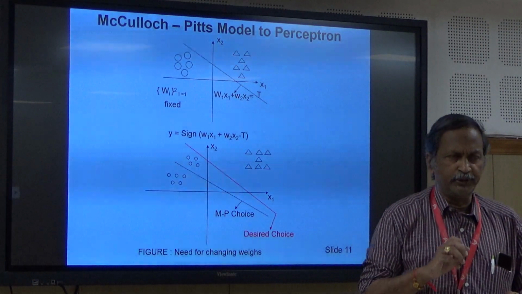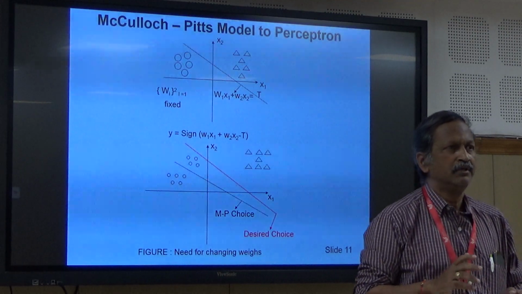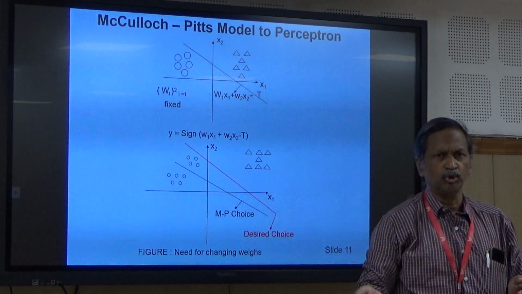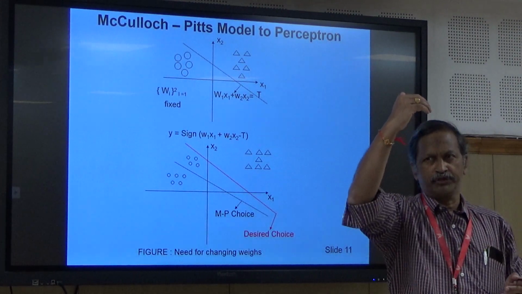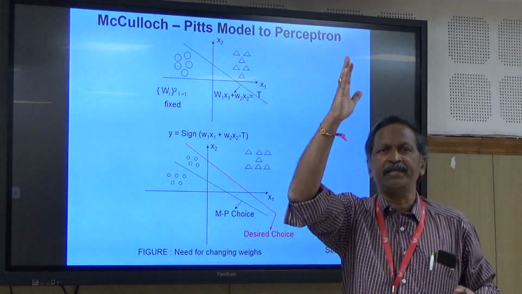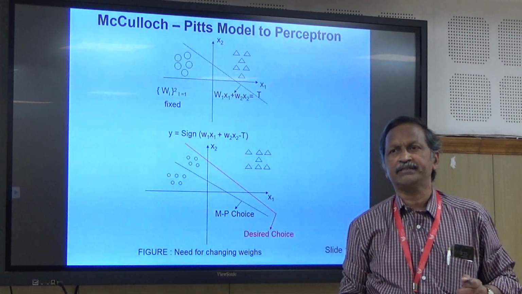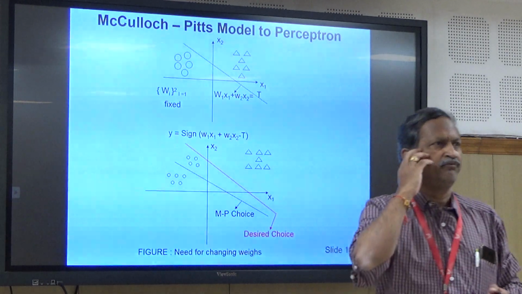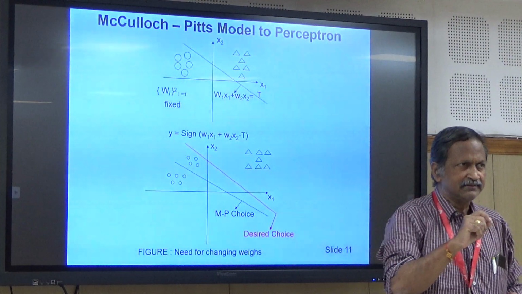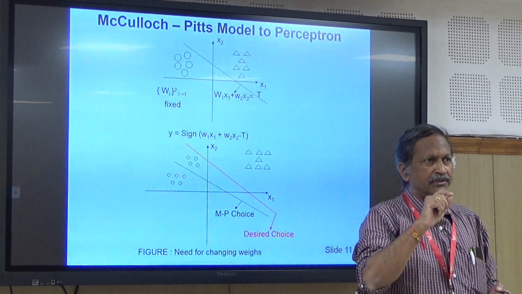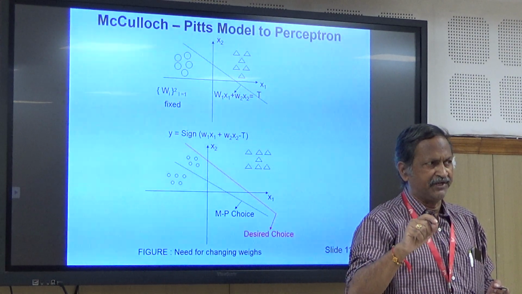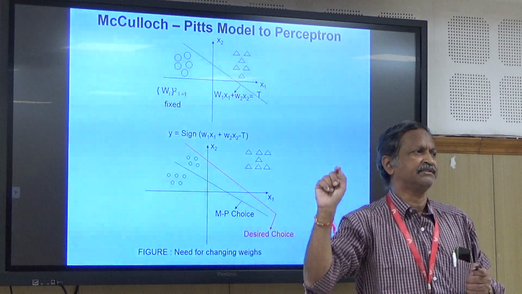Now we want to invent a new word in 4 dimensions. We are moving from 2 to 3, from 3 to 4. So in 4 dimensions, we want a name for a linear object. So we invented a word, hyperplane. So y equals signum of w1 x1 plus w2 x2 plus w3 x3 plus w4 x4 minus t.